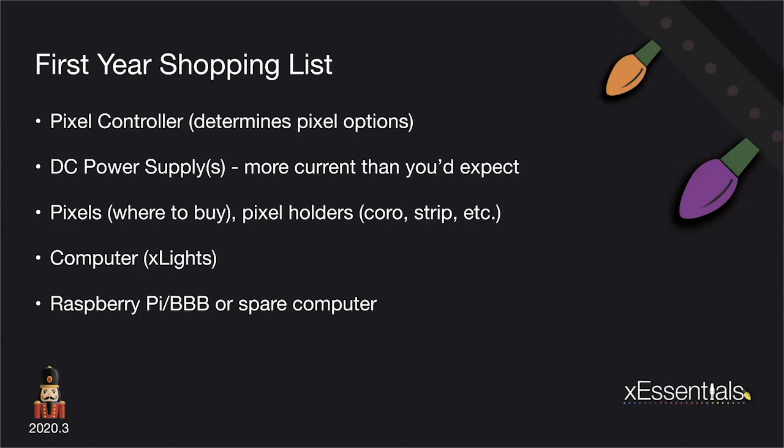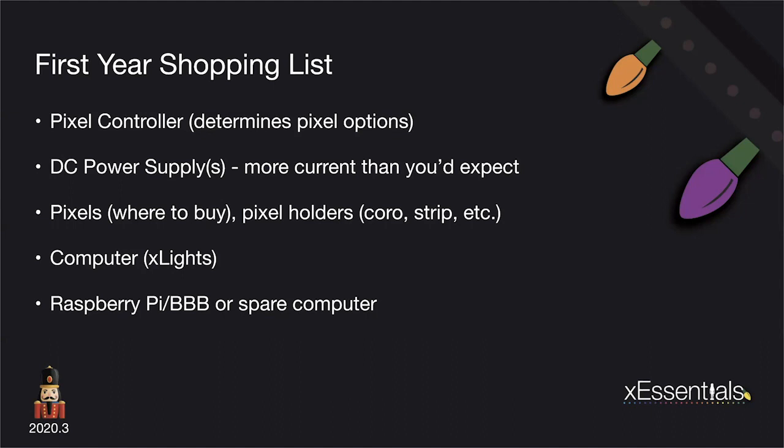But if you have one power supply and something goes wrong, then your whole show is out. Whereas if you use, I think we use the 350 watt variety, about 30 amps at 12 volts, if you have several of those and one of them goes out, well, if you have a spare, you can replace it, but you don't lose the whole show that way. So more smaller power supplies is kind of the recommendation there.